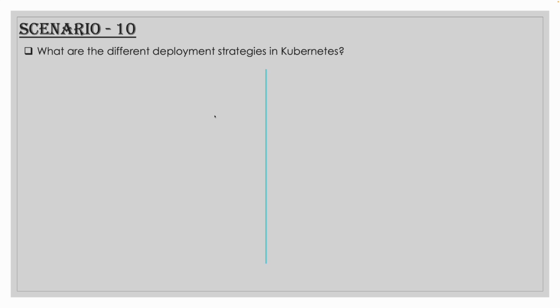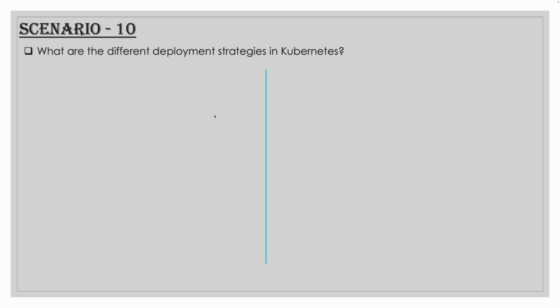Very interesting question. What are the different deployment strategies in Kubernetes? Like if we have multiple pods running my application, what should be my deployment strategy?